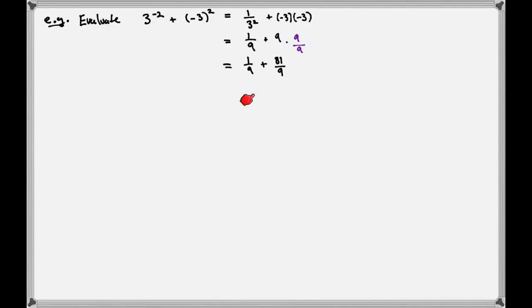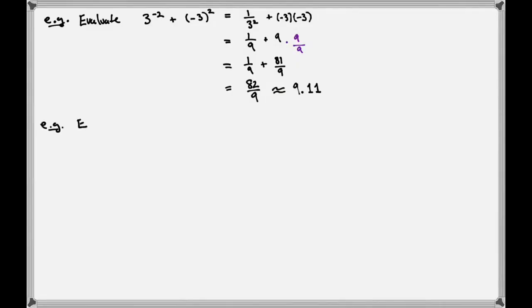And I did that so that they have the same denominator, so that I can add the numerators together into a single fraction, 82 over 9. If you wanted to, you could go to a calculator now and get an estimate of that value, and that would be approximately 9.11. I've done some rounding. So notice how here I've drawn a little wiggly equal sign to indicate that I did an approximation.